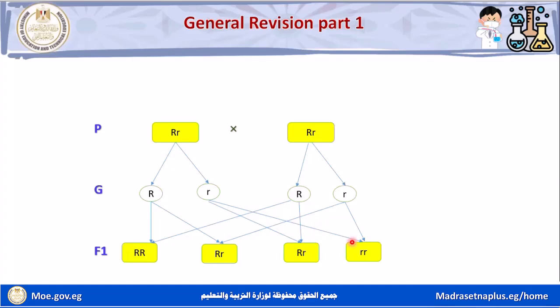R small with R small produce R small R small. The ratio is three red flowers to one white flower. Its genetic structure is R small R small, because it is a recessive trait.